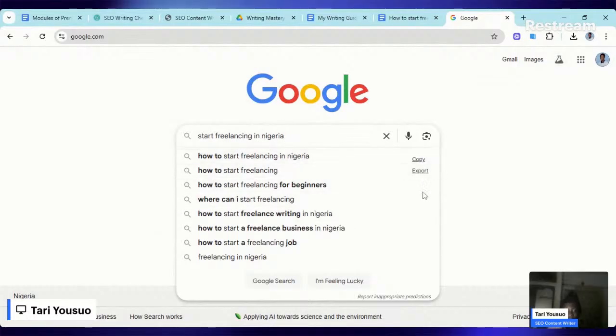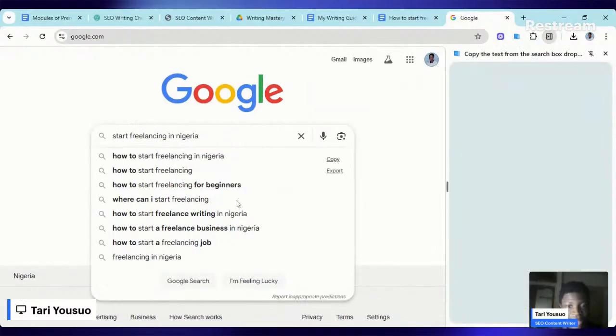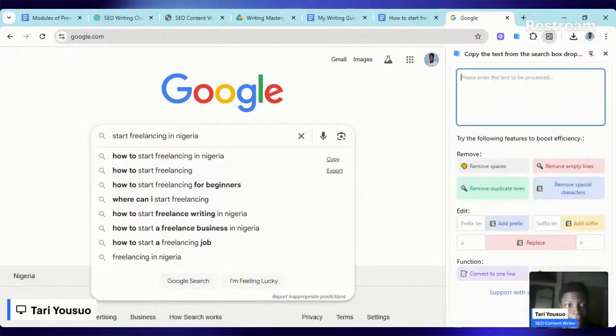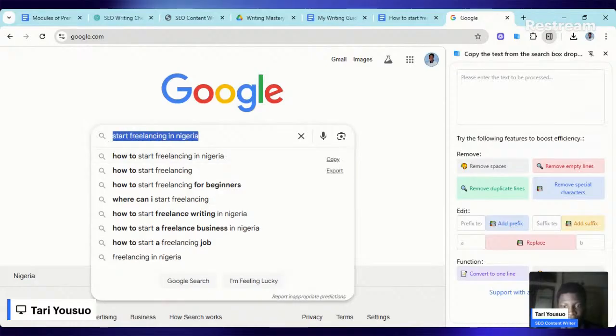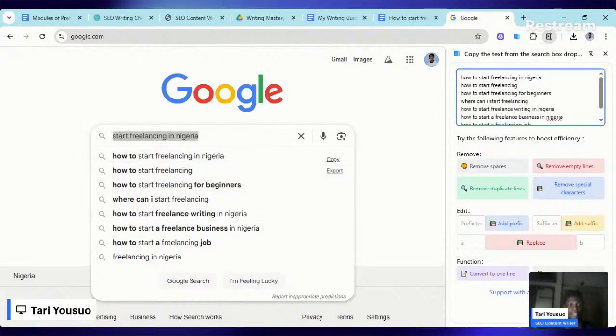these are different auto suggestions. I'll just copy this. Now, if you have a PC, it's easy to do this. There's a plugin for copying the text from a dropdown. So I'll just click on it, and I'll be able to copy everything that is here.